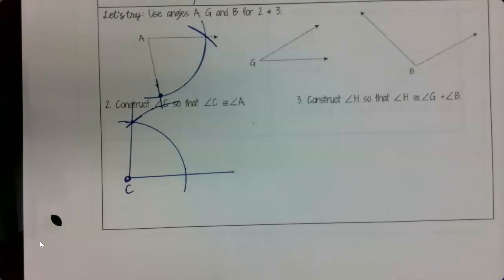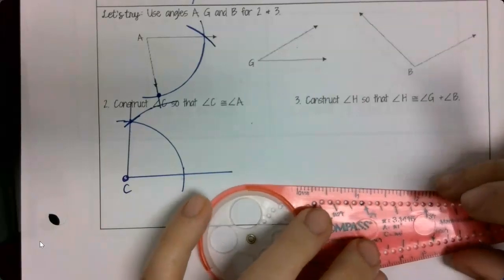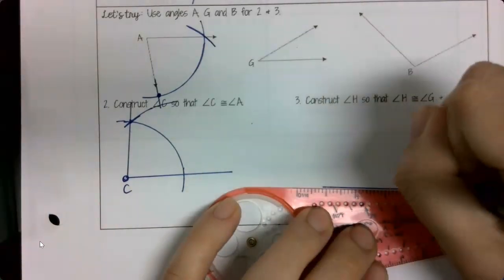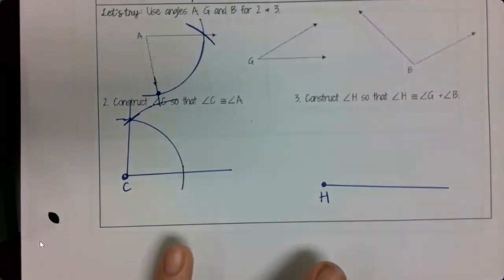Okay, so number 3 wants me to construct angle H so that angle H is congruent to angle G plus angle B. So I'm going to start off by drawing my ray.